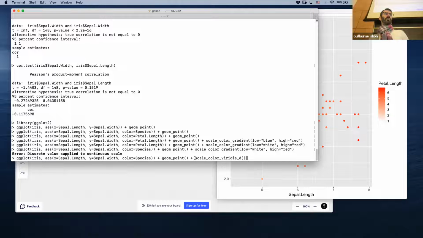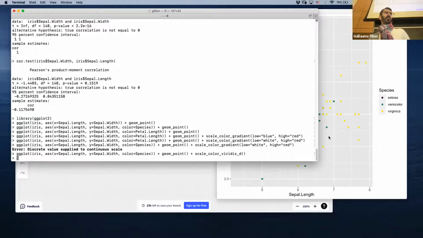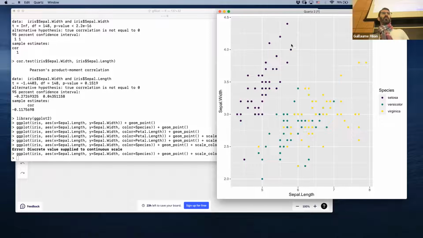So use that particular function, scale_color_viridis. And this one here has a D in it, which means discrete. So viridis is a color map. You can see that it has this purple here, and then bluish, and then yellowish. So it's taken 3 elements from this color map.